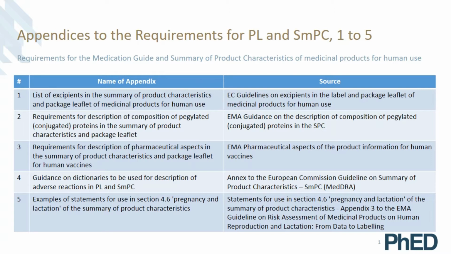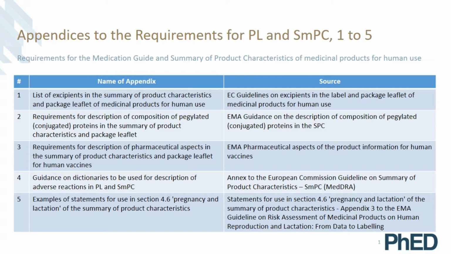Appendix 2 outlines requirements for the description of composition of pegylated conjugated proteins in the Summary of Product Characteristics and Package Leaflet and is based on EMA guidance on the description of composition of pegylated conjugated proteins in the SPC.